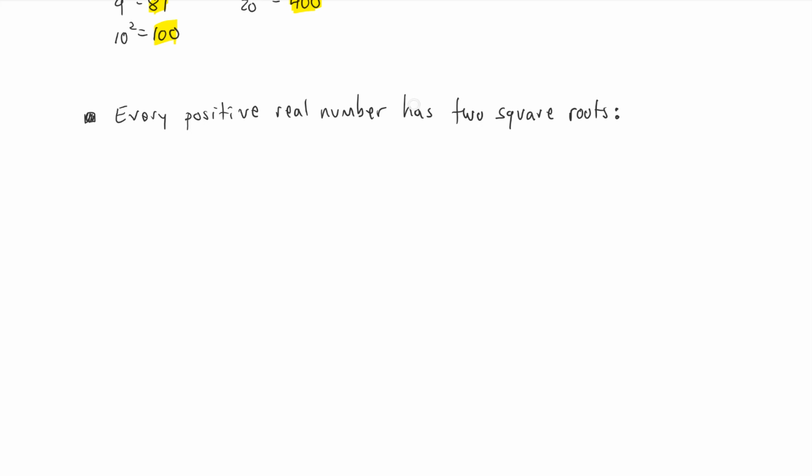More specifically, let's actually name it. Every positive real number a has two square roots, and those are the positive square root of a and the negative square root of a. So every positive real number a has two square roots. So this symbol, let's get a little bit more specific here.